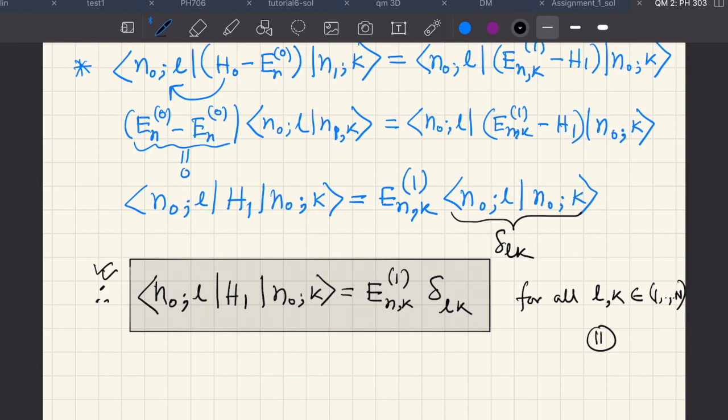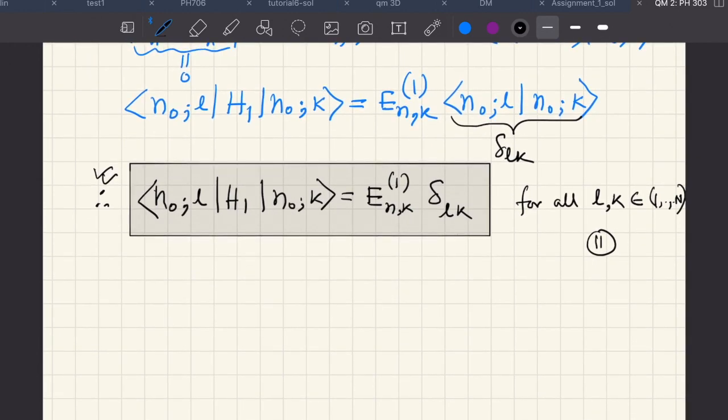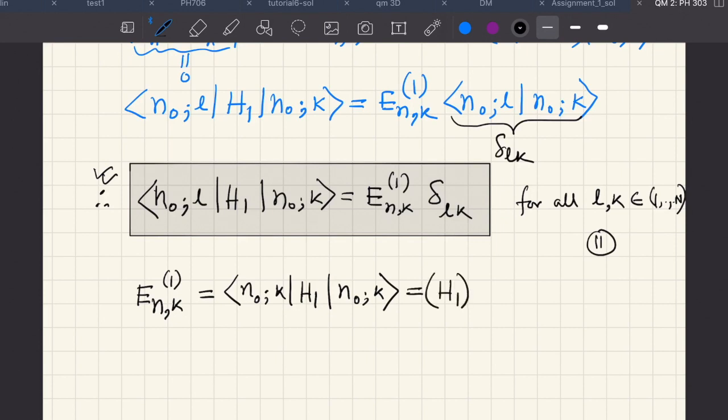In fact, that you have already seen in the first example of the two-state system that we have done. So this equation therefore finally tells you that E_n^K 1, the first order correction, because there is this delta LK, I will just replace L everywhere by K, is nothing but n naught K H1 n naught K. And let us denote this by H1, the matrix elements.